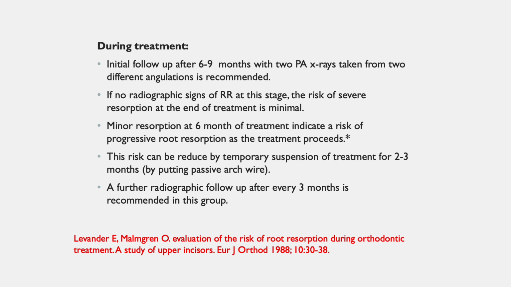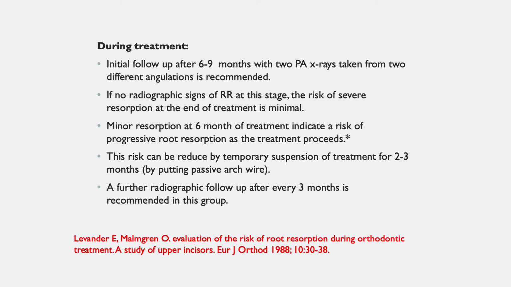During treatment, for the patient with external apical root resorption, we need to do the initial follow-up with x-rays after 6 to 9 months. 2 periapical x-rays need to be taken from 2 different angulations. If no radiographic sign of external apical root resorption is seen at this stage, the risk of severe resorption at the end of the treatment is minimal.